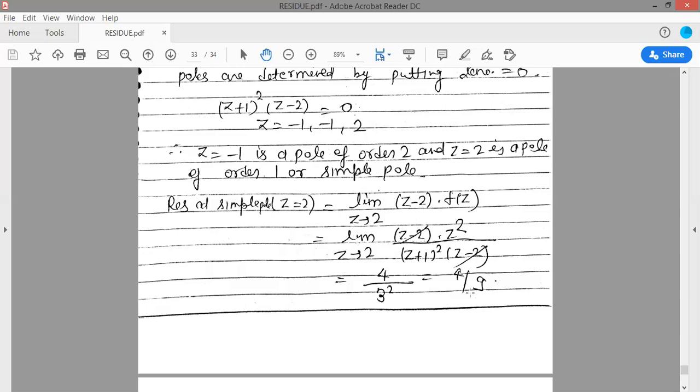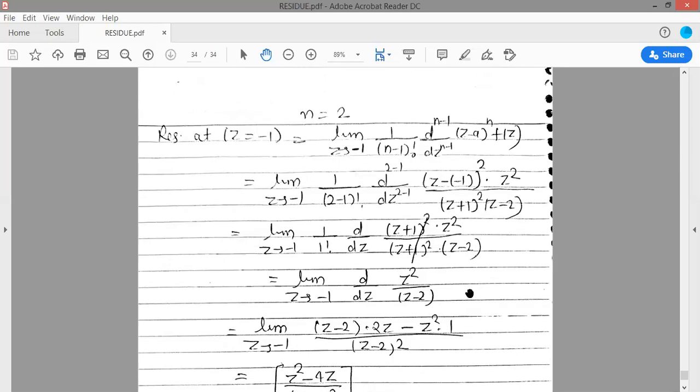Now for the pole of order 2, that means pole of order n, so n is here 2. So put n = 2, and the residue at z = -1 is equal to limit z tends to -1, where a is -1, of 1 upon (n-1) factorial, d^(n-1) upon dz^(n-1) of (z-a)^n f(z).